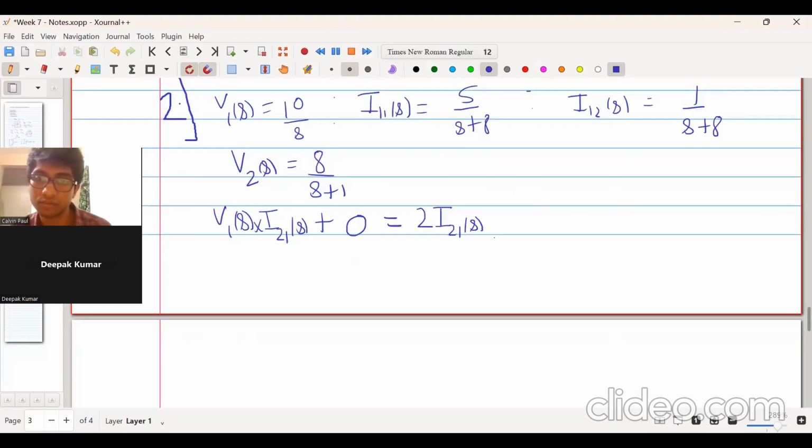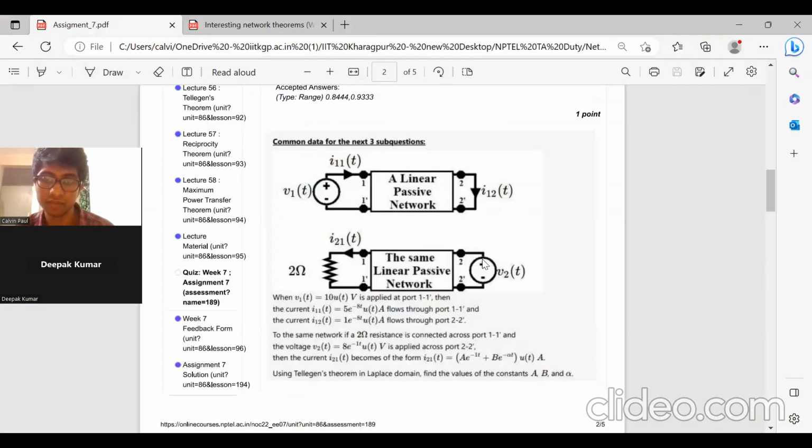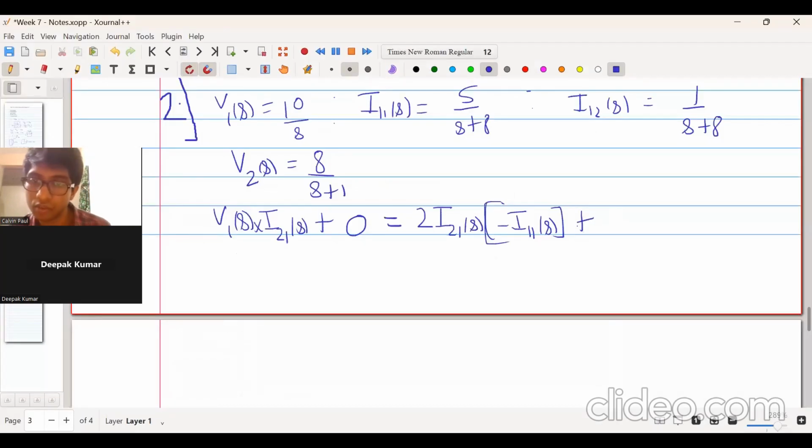So this will be into minus of I11 of s, plus this V2 of s into I12 of s. Now, if I12 of s was in this direction, we would have to consider a minus sign, but since it is in this direction, we consider a positive sign. So it will be V2 of s into I12 of s. So any doubts still here?